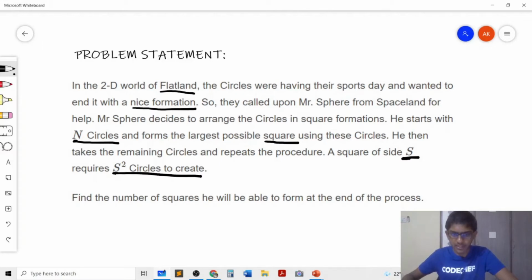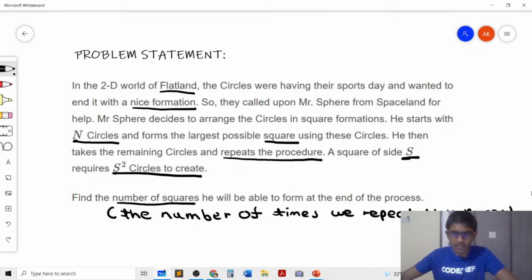We need to repeat this process until there are 0 squares or 0 circles left. So we need to find how many times we repeated this process. The number of squares formed is actually the number of times we repeated this process. That's what this problem is asking us.